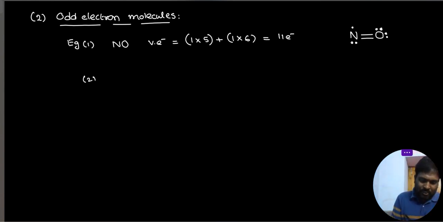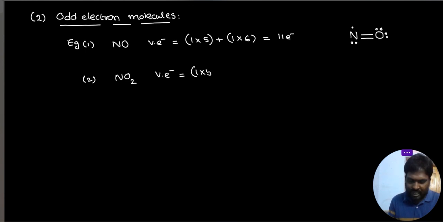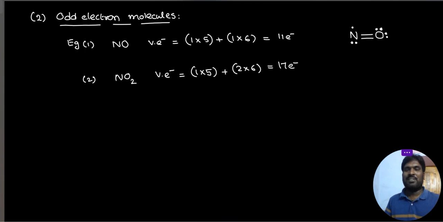Now coming to example 2, nitrogen dioxide, NO2. Valence electrons: 1 into 5 plus 2 into oxygen group number 6, 17 valence electrons. Now we can write like this.